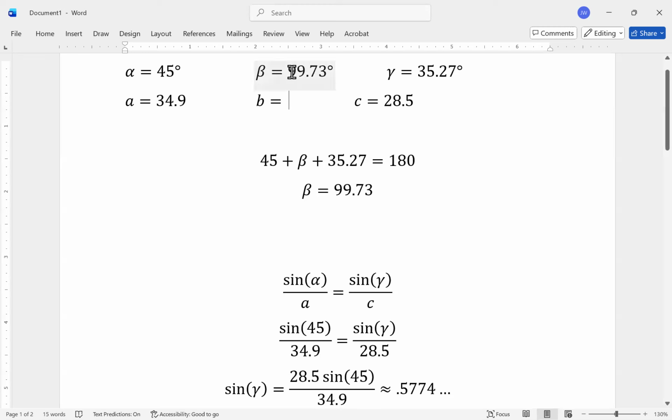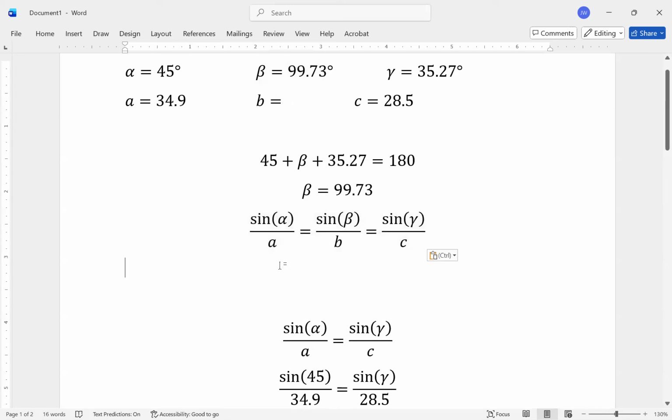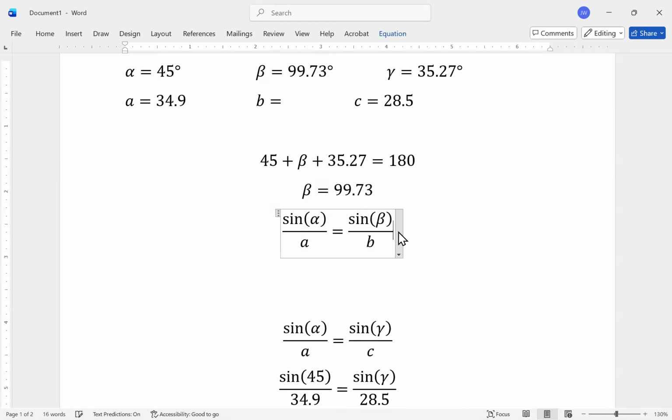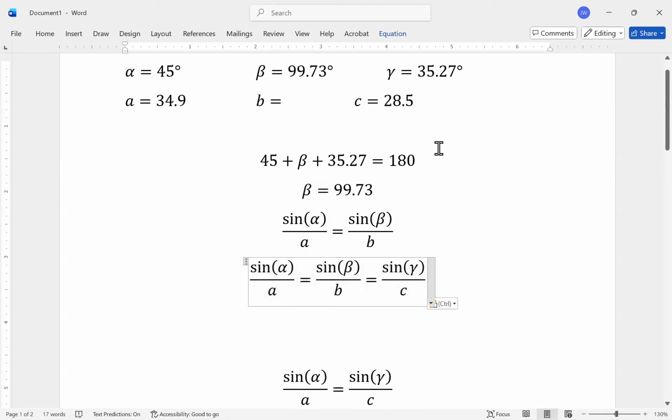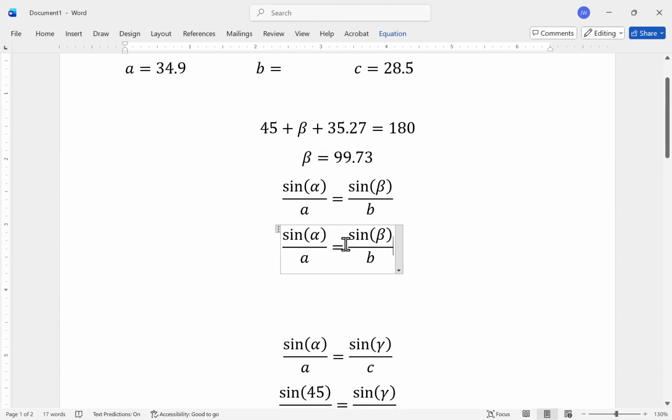Now that I know beta, I can use it to find B using the law of sines. I am going to use the alpha and the A with the beta and the B ratios because remember gamma was a rounded value for the degrees.